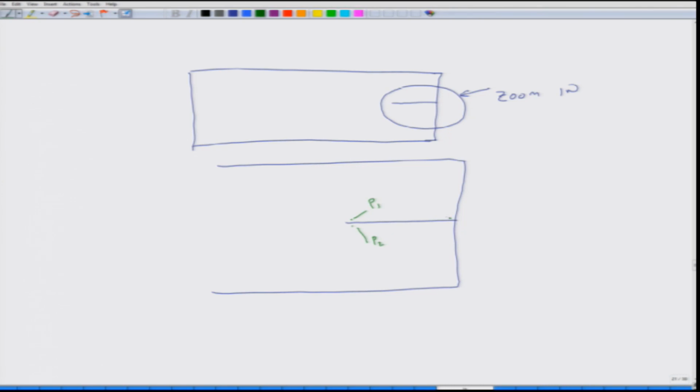Similarly, there could be lots of other points, and in all these cases the adjacent points here I have separated them by a finite distance, but in reality they may be sitting at the same location.